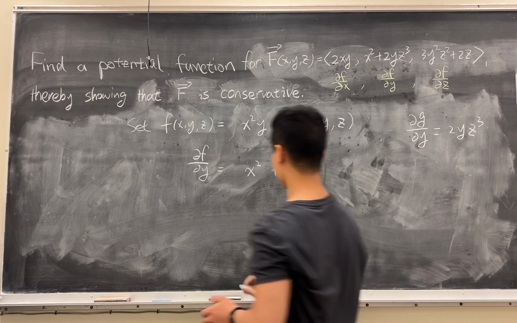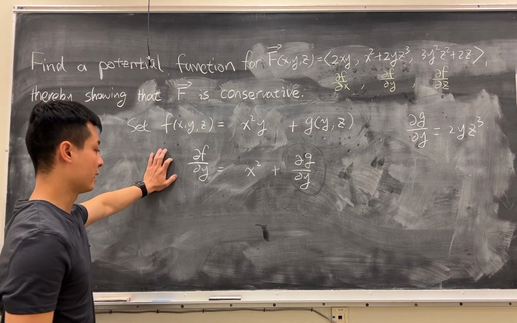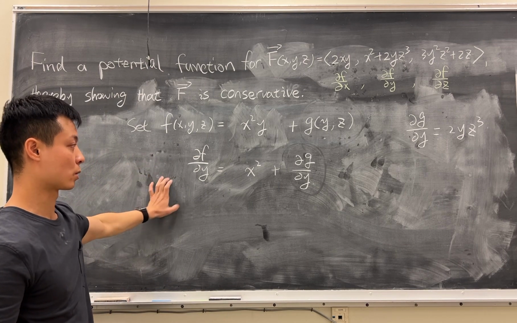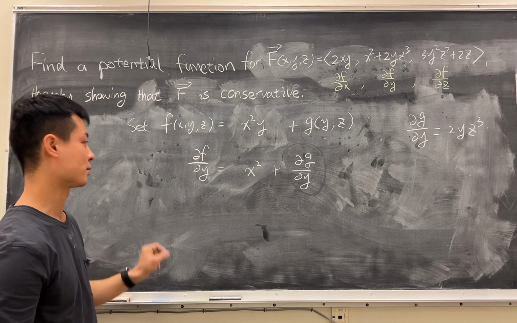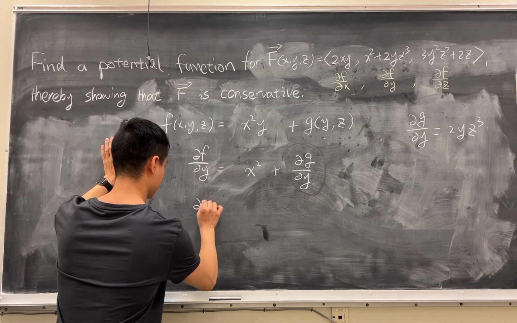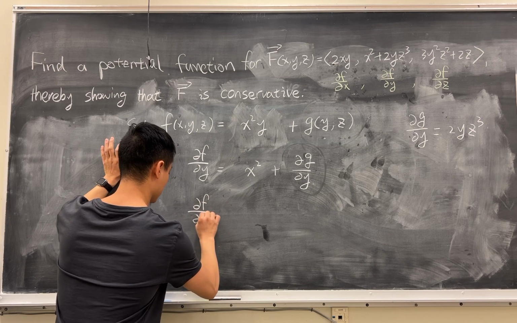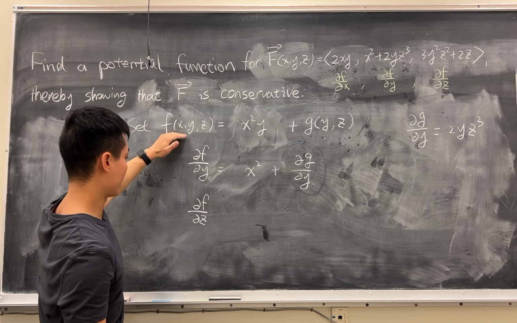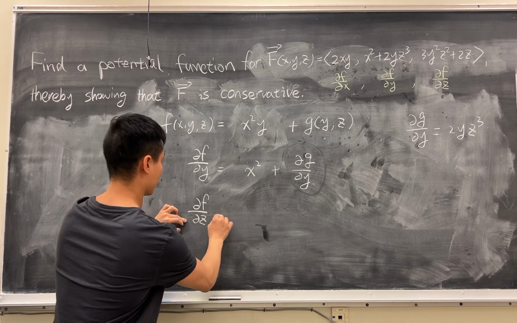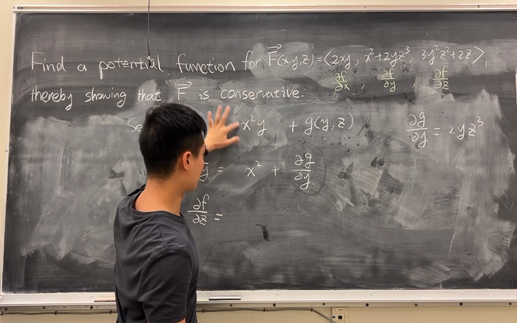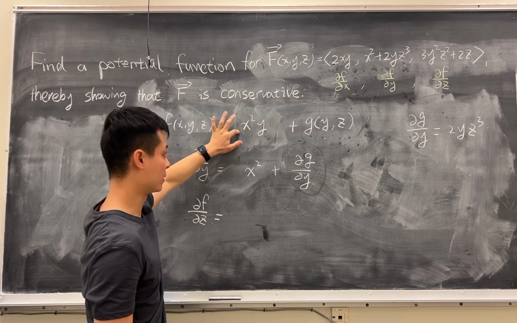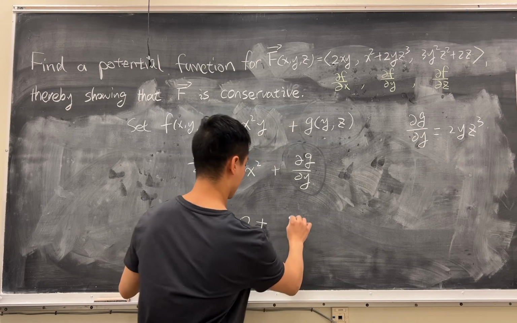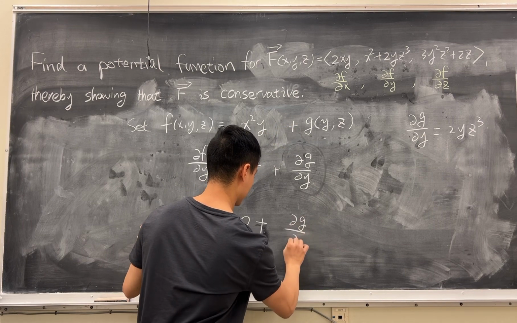And next, we will do the same for the variable z to try to solve for partial g, partial z. So we take partial z on both sides of this equation again. The left hand side is going to become this. For the right hand side, this part does not contain variable z, so it's going to go to 0, and then this one's going to go to partial g, partial z.